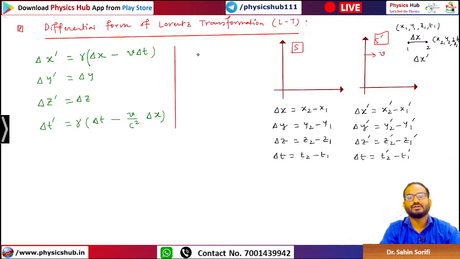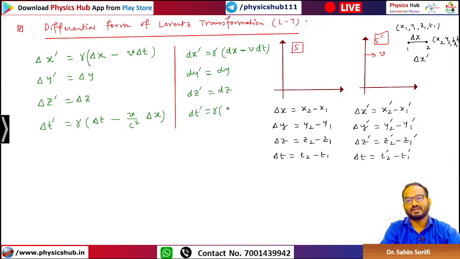You can also write it in terms of dx: dx prime is equal to gamma into dx minus v dt. Sometimes we represent dy prime is dy, dz prime is equal to dz, and dt prime is equal to gamma times dt minus v by c square dx.